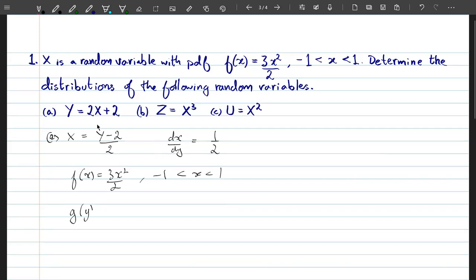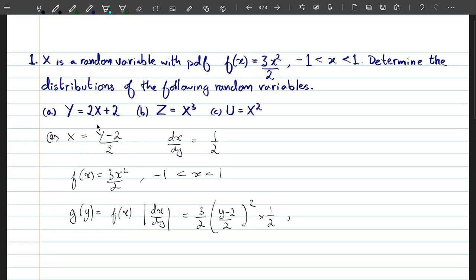So g of y is f of x written in terms of y multiplied by the modulus of dx by dy. F of x written in terms of y is 3 by 2 x square. X again here is y minus 2 by 2. So y minus 2 by 2 whole square times dx by dy, which is half.